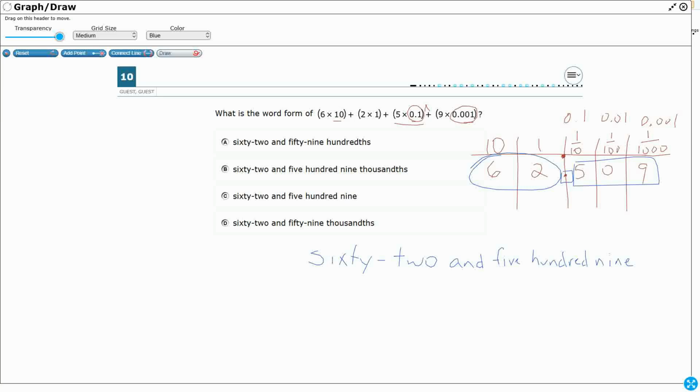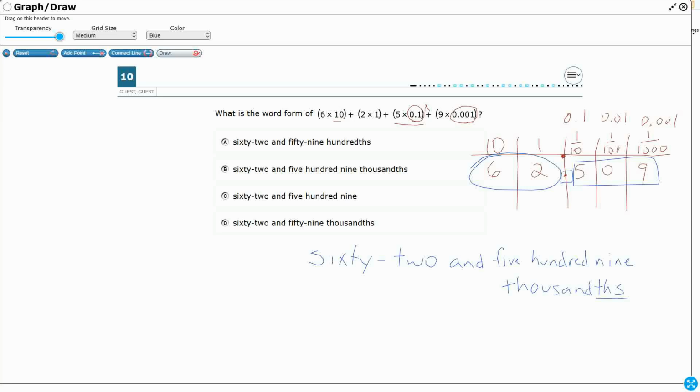Then what we do is we get to what is that place value of that final digit. The final digit, that 9, is sitting in what place? It is in the thousandths place. So let's go ahead and write thousandths. All right, so 62 and 509 thousandths.